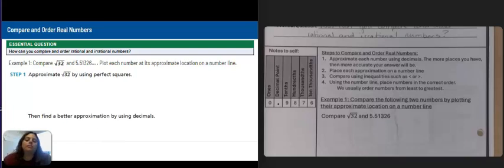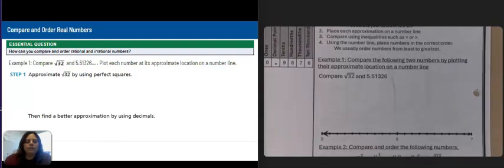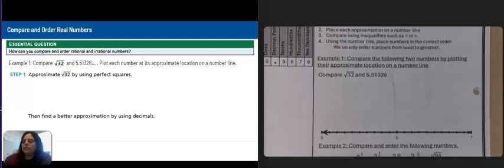So let's take a look at just comparing two numbers. Compare the following two numbers by plotting their approximate location on a number line. Well, as part of our step one, we want to approximate each number. So we have the square root of 32. We saw how to approximate that in the lesson on square roots, lesson 3. So I'm going to go ahead and do that real quick.